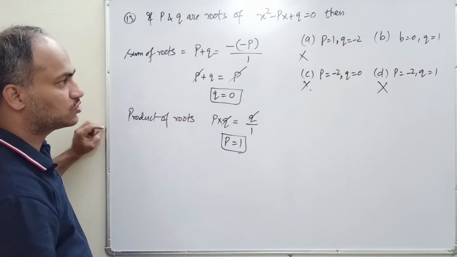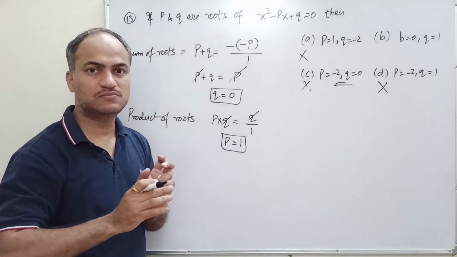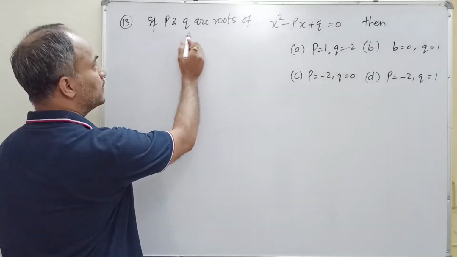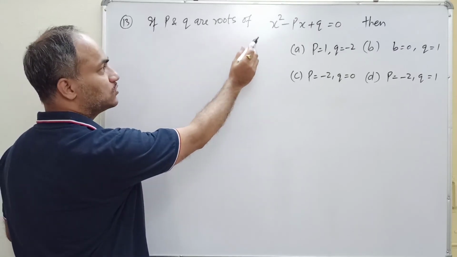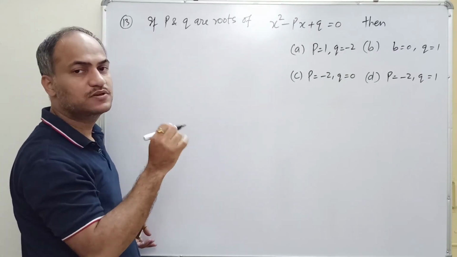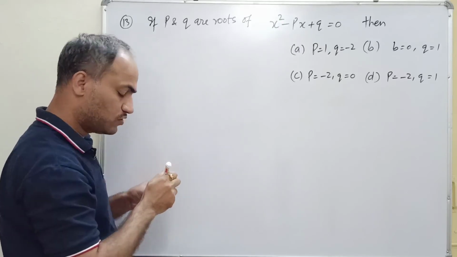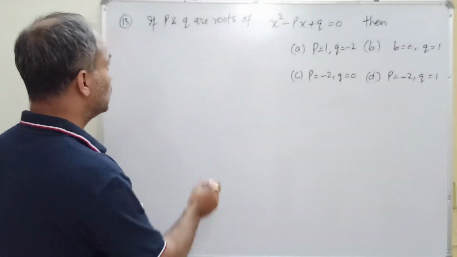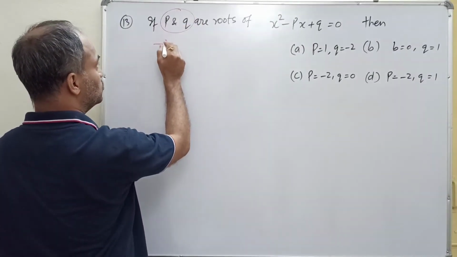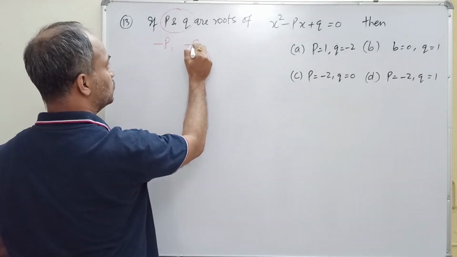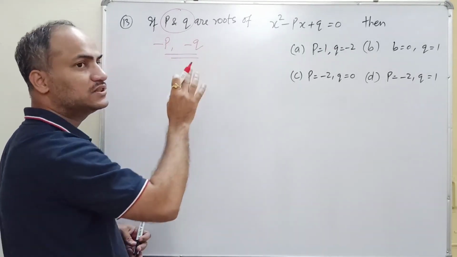There is no such option. Means there seems to be some error in this question. Here p and q, these are the roots. This statement, this information is actually wrong. So what is correct? Here this is wrong. It should be minus p and minus q. These should be the roots.